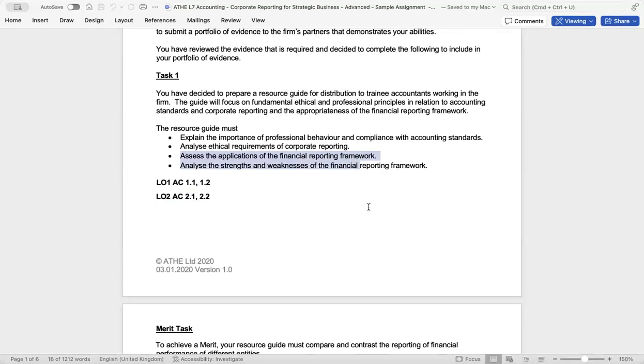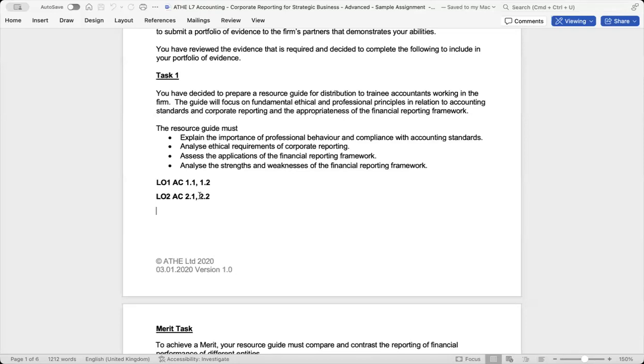Discuss how this framework guides the preparation and presentation of financial statements. Evaluate the relevance and applicability of the financial reporting framework in different accounting scenarios. Strengths and weaknesses: analyze the strengths and weaknesses of the financial reporting framework. Again, learning outcome two.